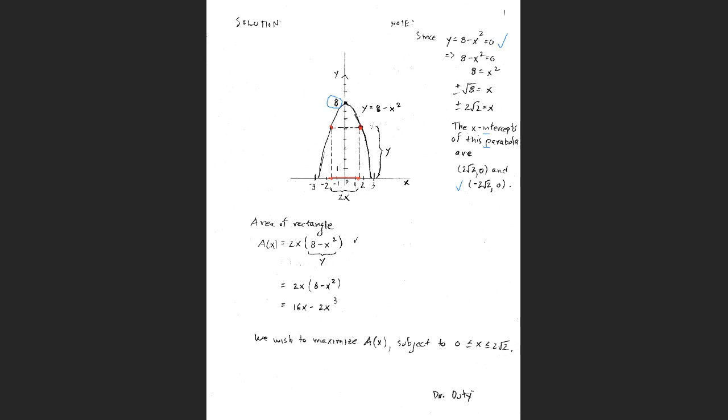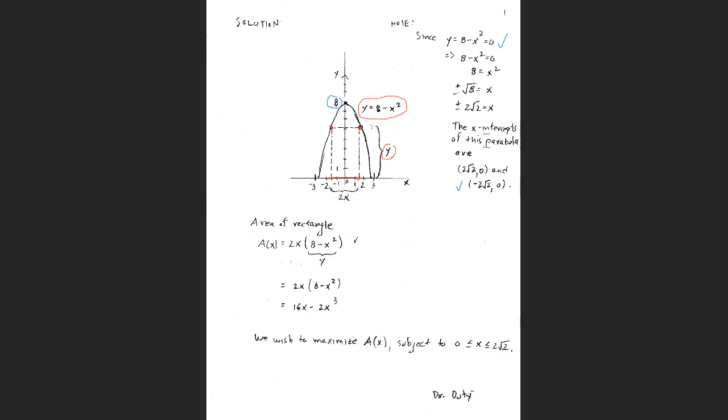So this means the height of the rectangle is going to be given by y, where y equals 8 minus x squared.